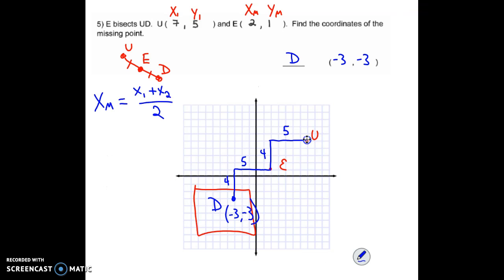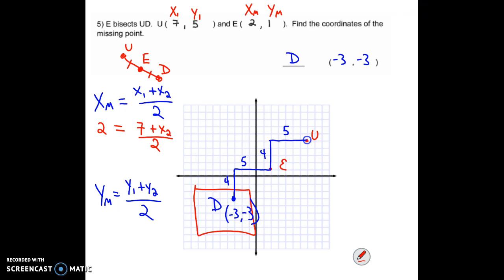So you'd say, oh, okay, the y-coordinate, I'll do it down here. Y-coordinate of the midpoint is y1 plus y2 over 2. All right, now it's just a matter of plugging values in. The midpoint of x is 2 equals x1 is 7 plus x2 over 2, right?